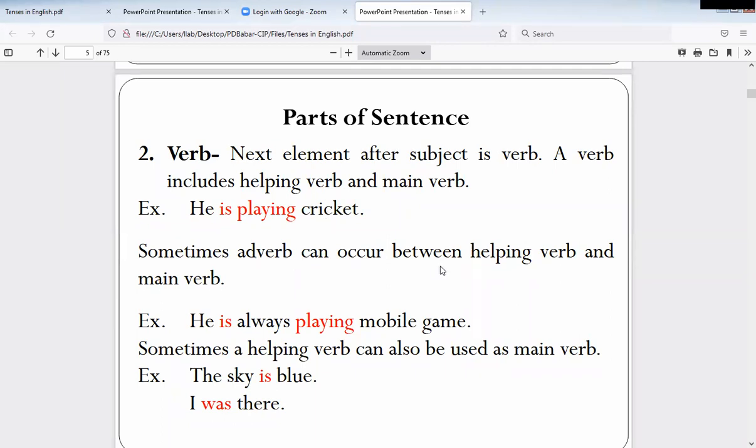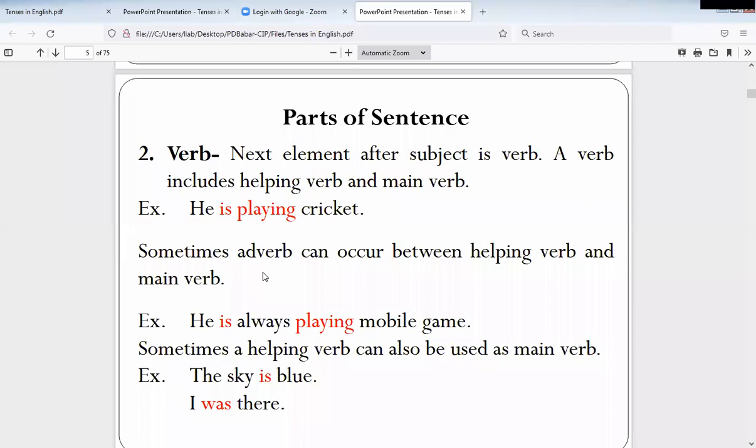Sometimes an adverb can occur between the helping verb and the main verb. So if we use an adverb in between the helping verb and main verb, let's see how the sentence would be.